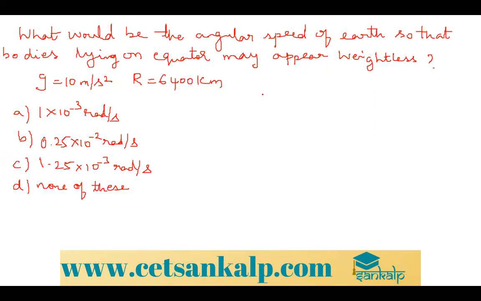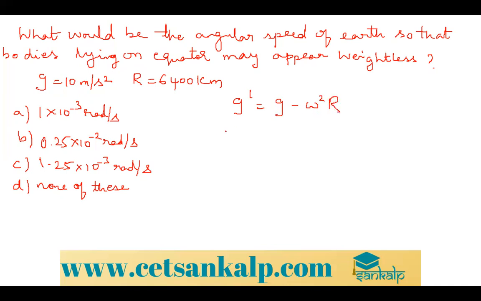Okay, so as you can say, a person will feel his weight as 0 only when the acceleration due to gravity acting on the person is 0. If the acceleration due to gravity on the person becomes 0, then he feels the weight is 0. So in that case, you have the equation g dash is equal to g minus omega square r.